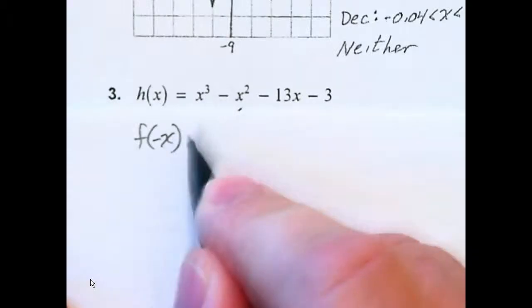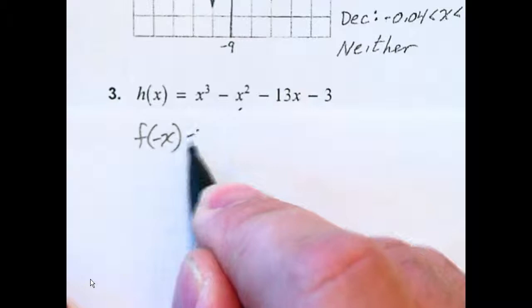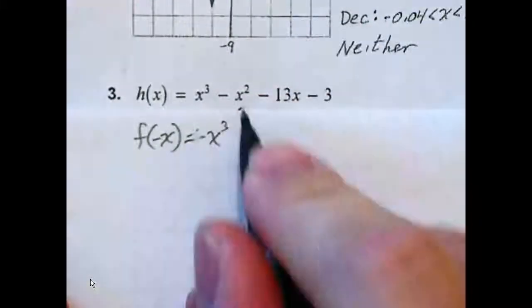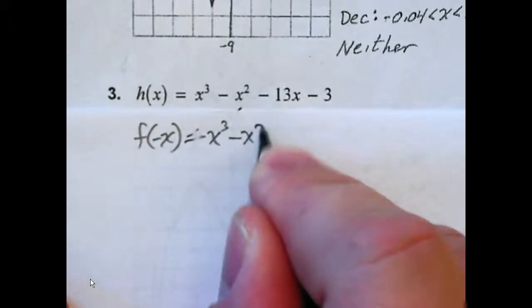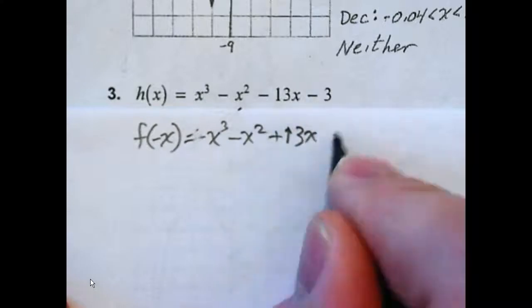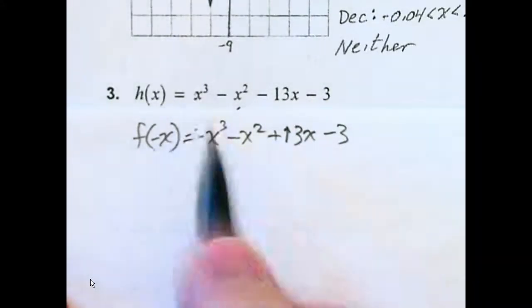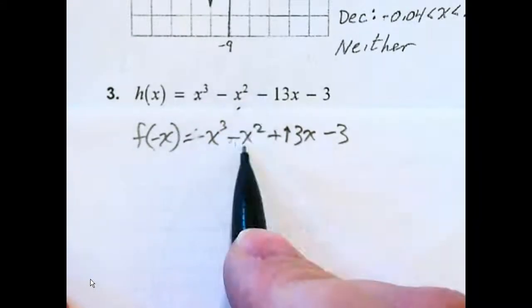And we put in negative x. You should be getting really fast at doing that. That changes. Okay, this one stays the same. That one changes. And that one stays the same because it doesn't have an x. That obviously does not equal that, right?